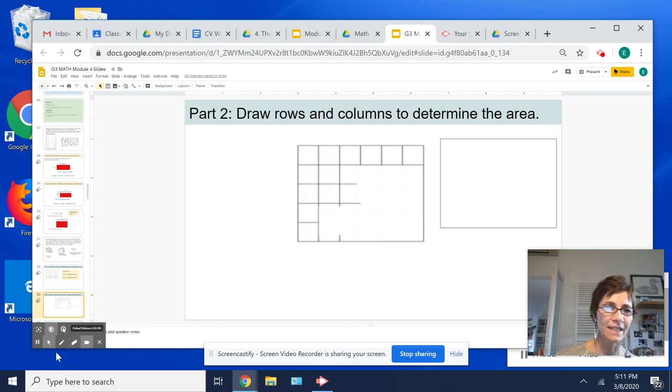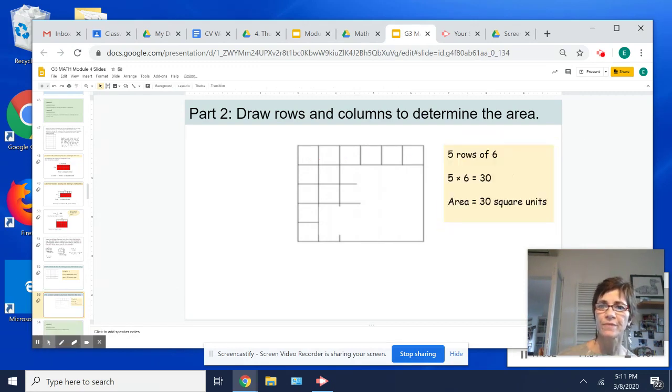Or you can simply count how many tiles on one side, 1, 2, 3, 4, 5, 6, and on the other side, 1, 2, 3, 4, 5, and then you do 6 times 5, or 5 times 6, 5 rows of 6, and we get an area of 30 square units.